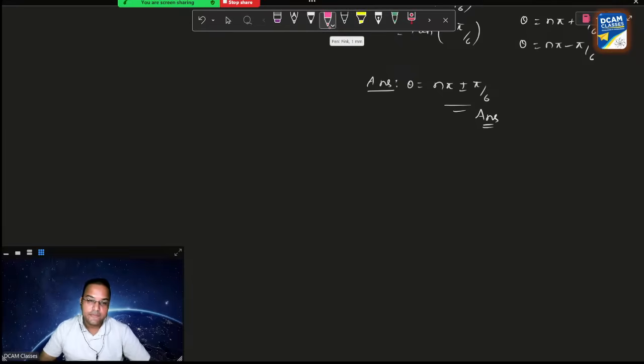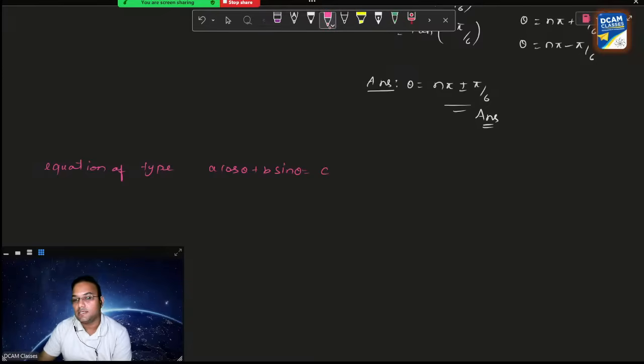Can anyone suggest, if I have an equation of type a cos theta plus b sin theta is equal to c, how to find out the solution of this?